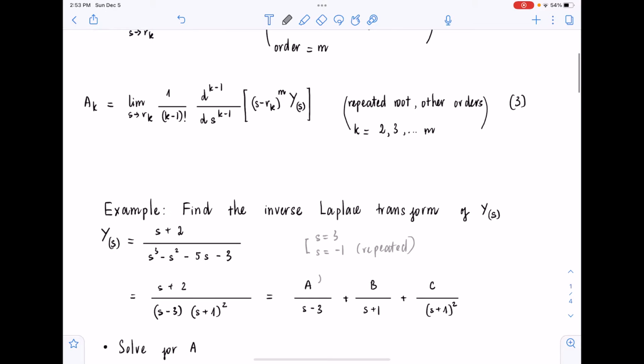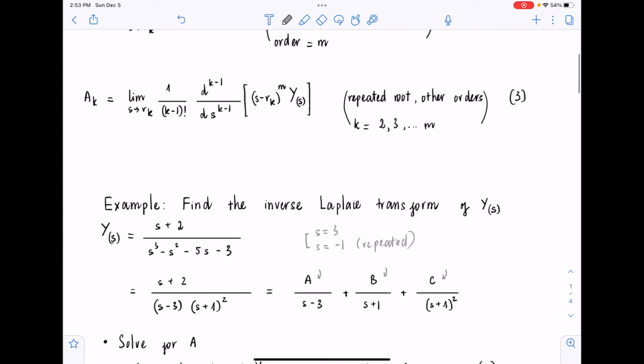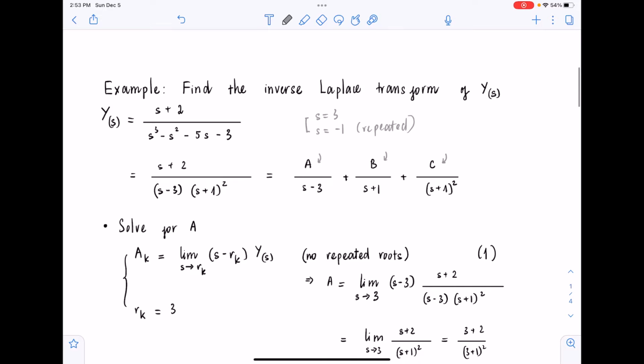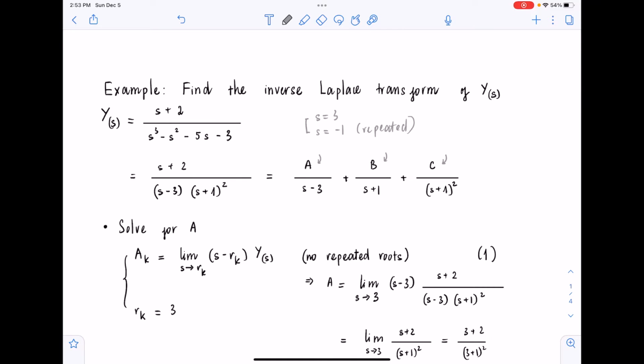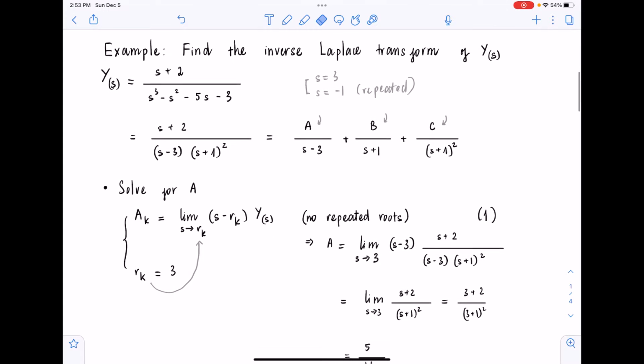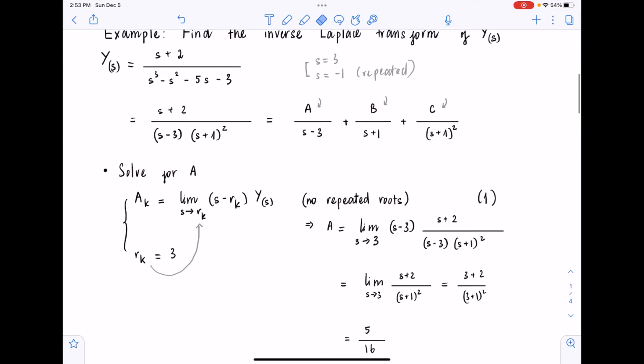Next step will be solving for each A, B, and C. We notice that s equal 3 is not a repeated root, so we could use the first equation. We plug in r_k into this equation, and eventually we will get A equal 5 over 16.